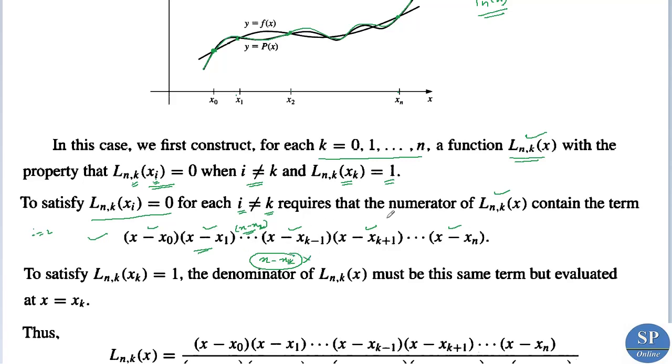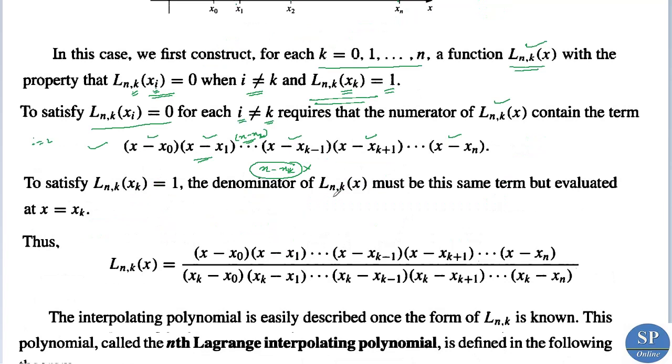Now to satisfy the second condition, that is Ln,k(xk) equal to 1, the denominator of Ln,k(x) must have a term like this, but with x replaced by xk.